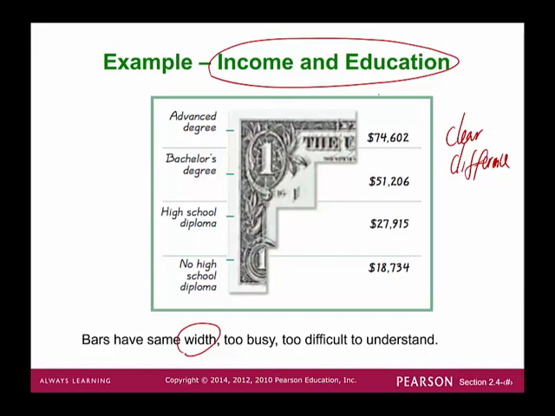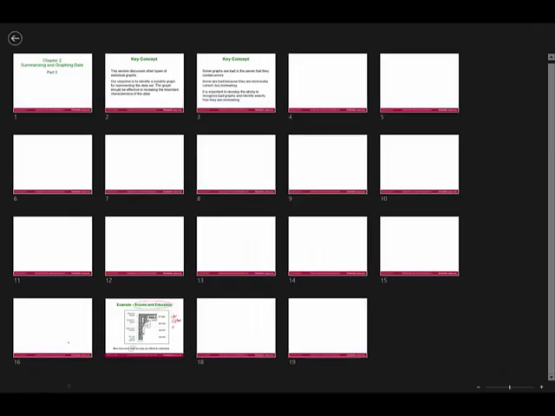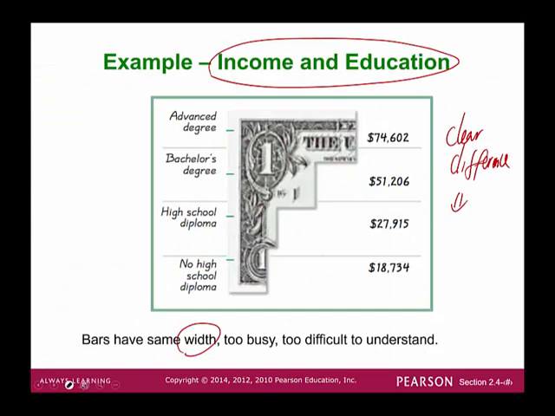So this is also kind of a misleading graph. Or you can say it just doesn't demonstrate the outcome of this particular comparison of income and education.